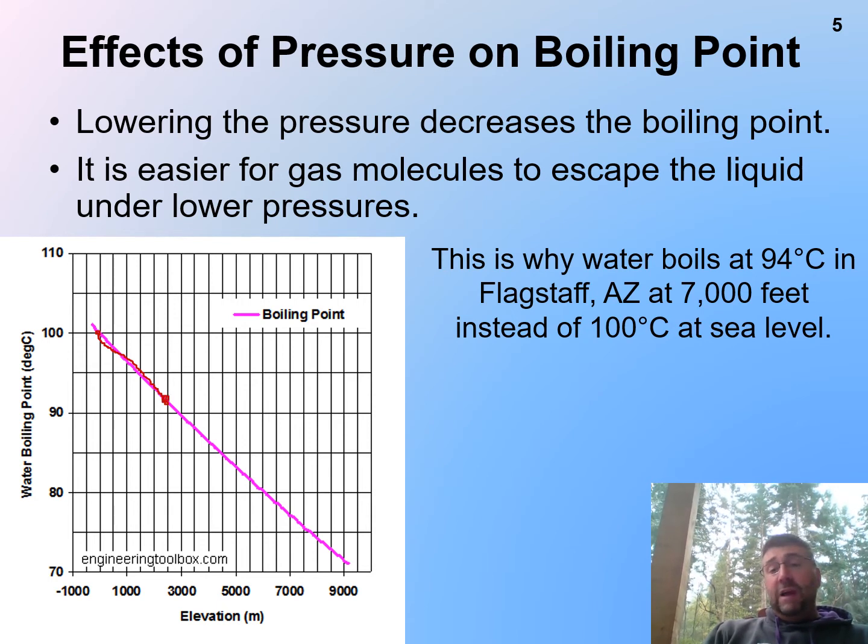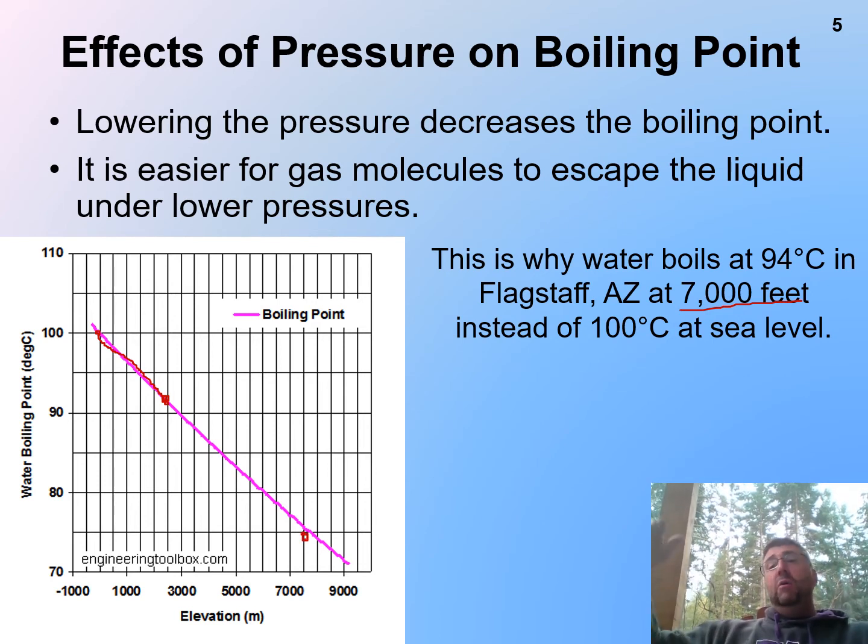In the city of Flagstaff, Arizona, that city sits at 7,000 feet. There, water boils at 94 degrees Celsius instead of at 100. Up on top of Mount Everest, water boils at about 75 degrees Celsius.